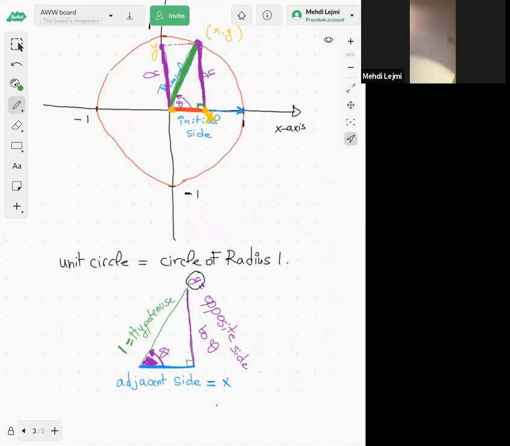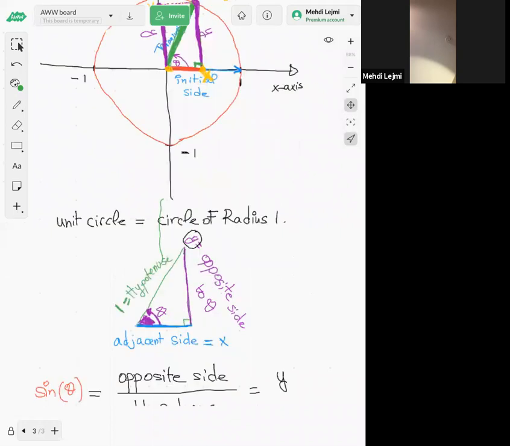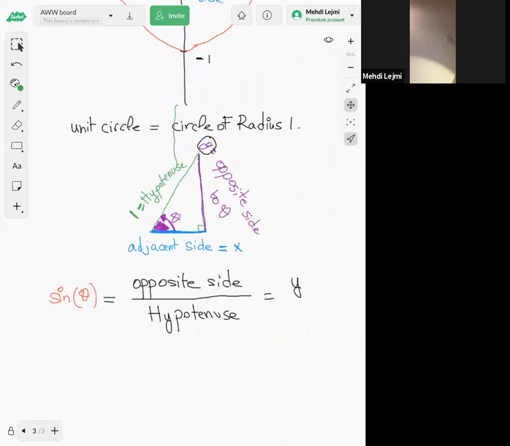That's because it's exactly the radius of my circle. So this is y over 1. So what I'm saying is that sine of theta is equal to y over 1, so it's equal to y.